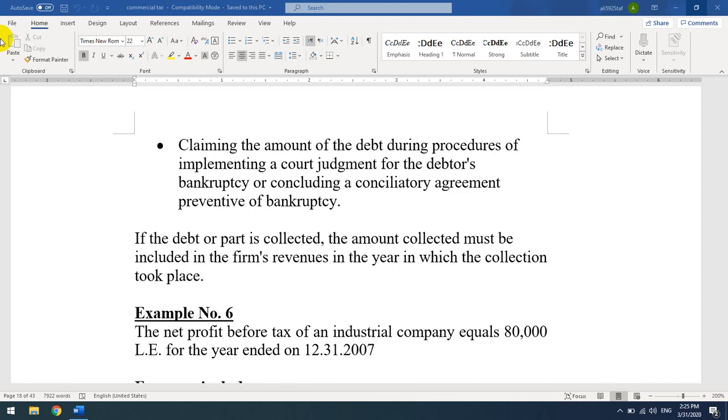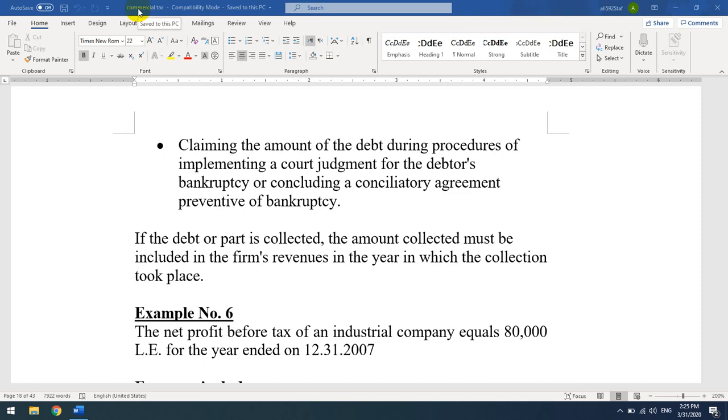If all of these terms have been met or fulfilled, this amount of bad debt is deductible by the tax law. Note that if this bad debt has been accepted by the tax authority to be deductible, it has to be written off from the accounts, the accounting records.